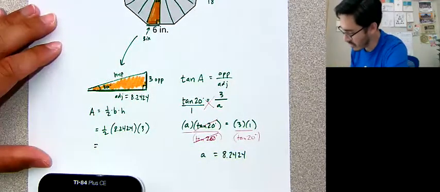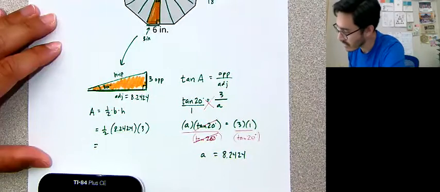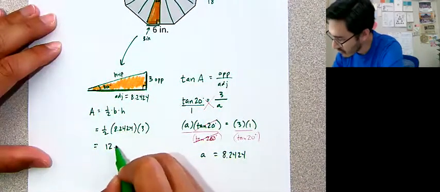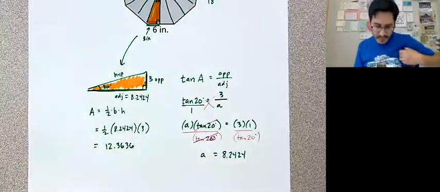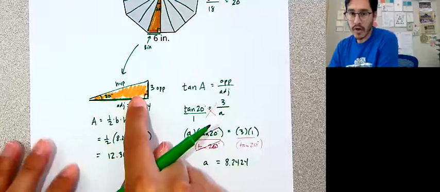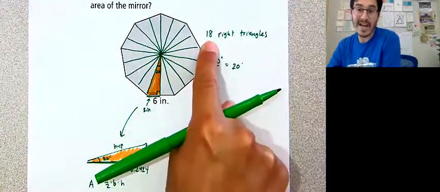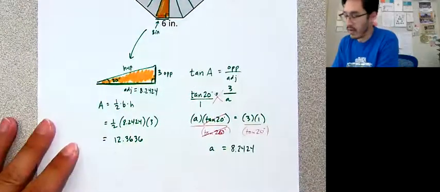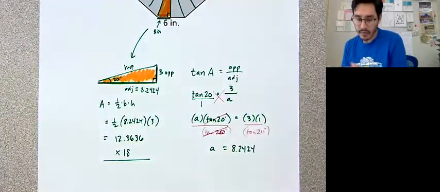And so that's going to be 12.3636. All right, but that's just the area of the orange triangle, and the orange triangle is the same size as all these other triangles, which we know there are 18 total. All right, so let's just multiply that area by 18 to get the total area.